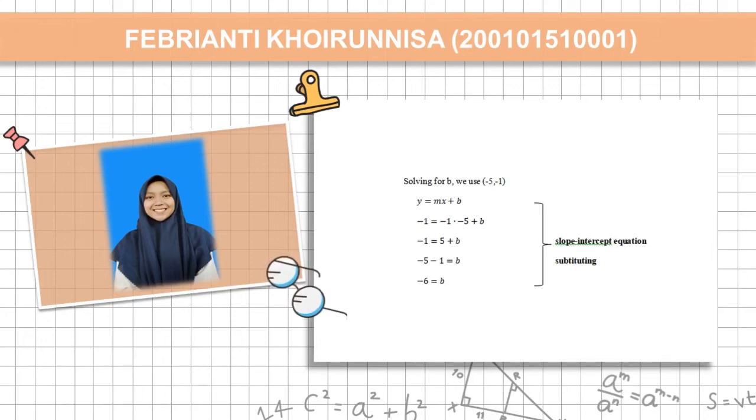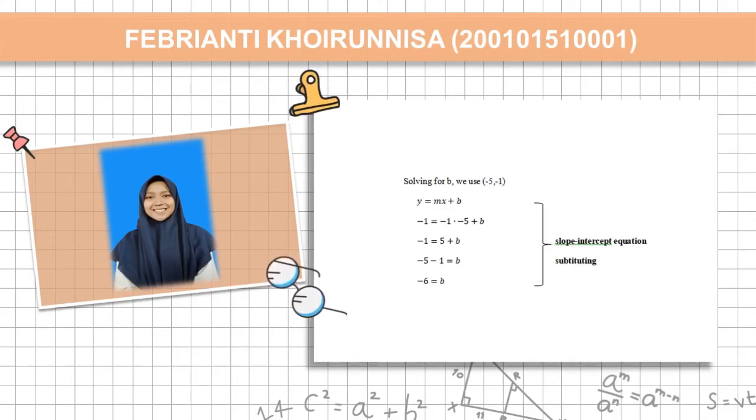We substitute -5 and -1, and we get -1 equals -1 times -5 plus b. And -1 times -5 equals positive 5. So now -1 equals 5 plus b.